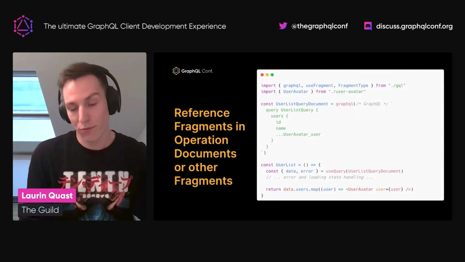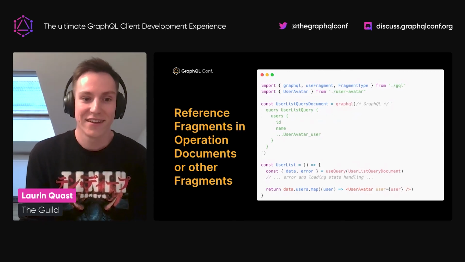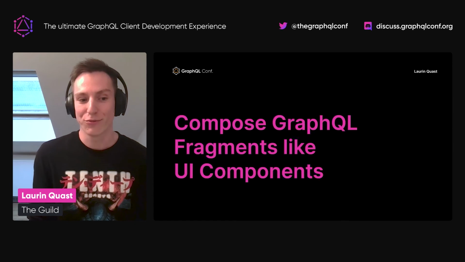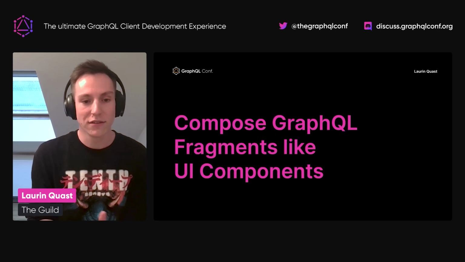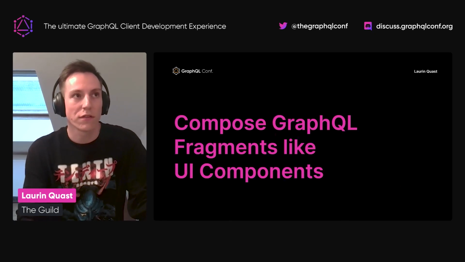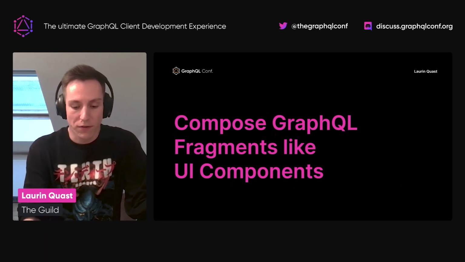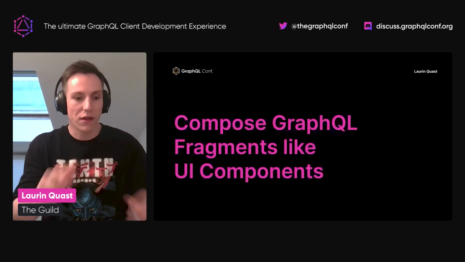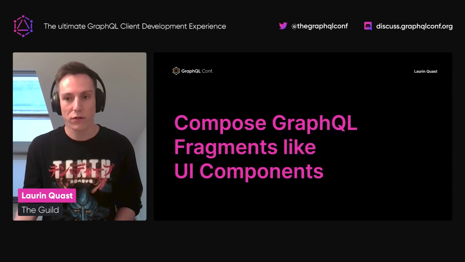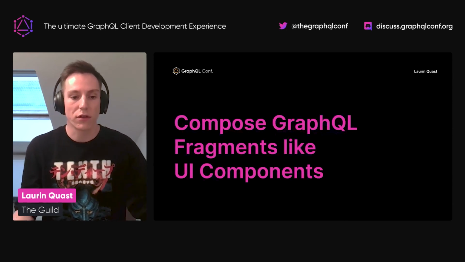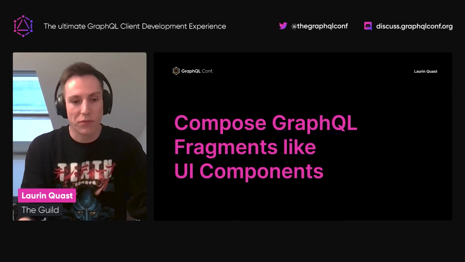And basically what I'm trying to tell you is compose GraphQL fragments like you would compose your UI components, because then you have really reusable entities and can build really efficient applications. If you have one query operation that references a full tree of fragments, then you only have one request that you're sending to your GraphQL endpoint and get back all the data you need for rendering your whole view.